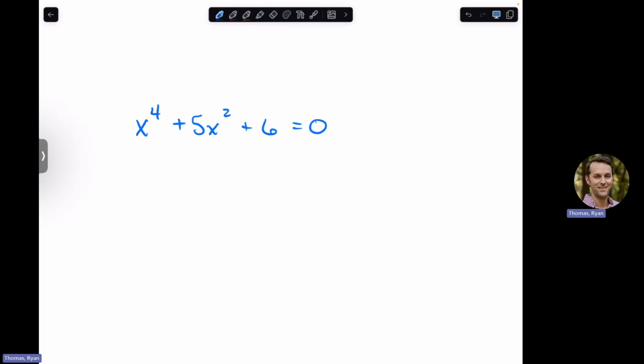Something like that, maybe, where the actual degree is 4, so it's actually not quadratic, but I can treat it kind of like a quadratic and factor it the same way, only instead of x plus 2 and x plus 3, I would need x squared plus 2 and x squared plus 3. Yeah, so using that sort of structure to it.